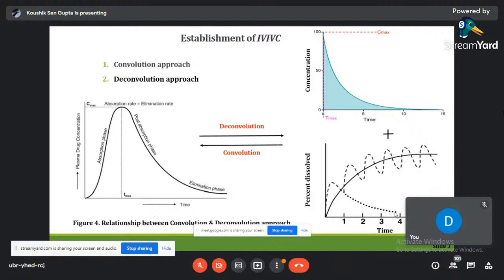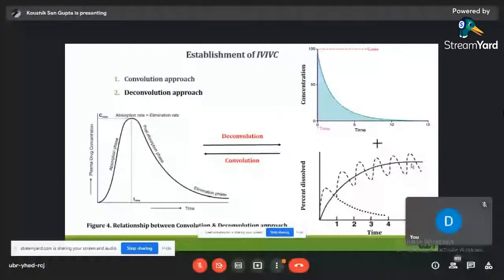There is the convolution approach and the deconvolution approach. In the in vitro dissolution study you already performed, when you correlate the in vivo data with this in vitro data, then this IVIVC is called the deconvolution technique or approach.